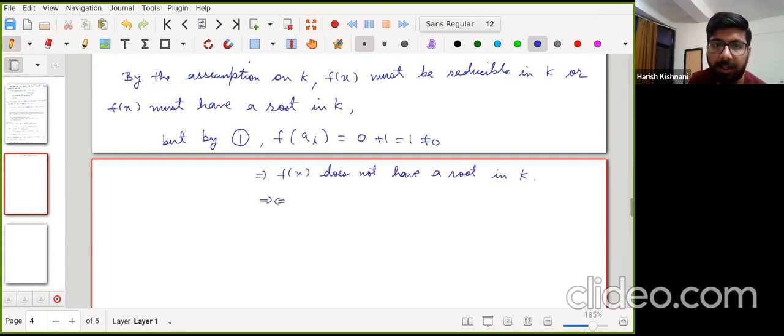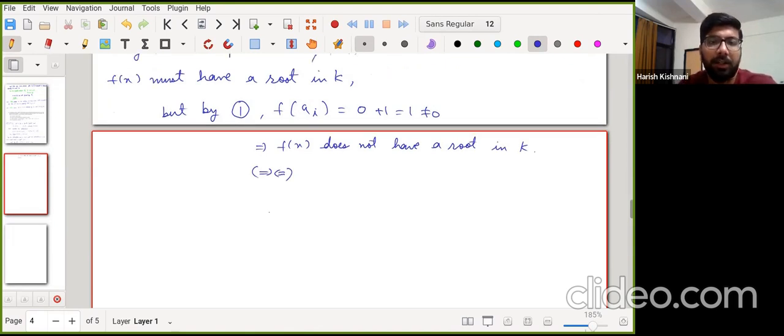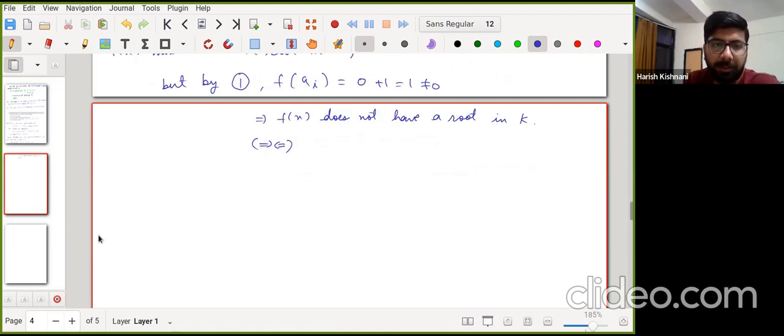It was expected that it must have some root in K by the assumptions over K, but it is not having any root in K. So this implies that K must be an infinite field.